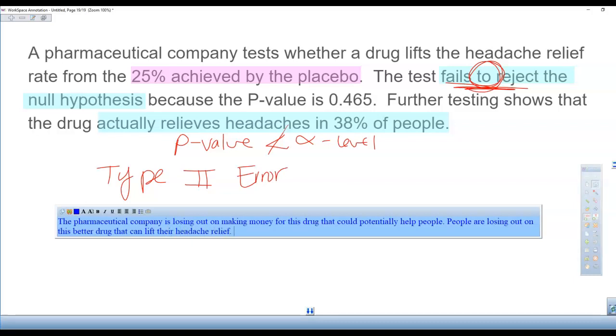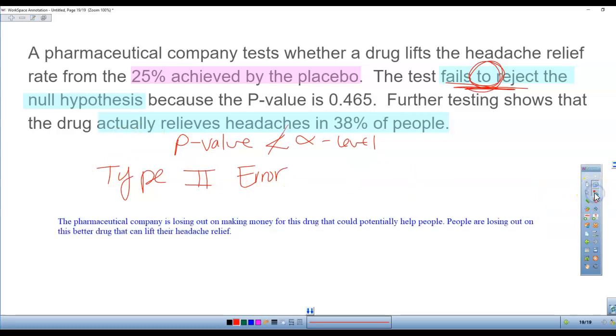So the pharmaceutical company is losing out on making money, but people are also losing out on this pill that could help them with their headache relief. So for the consequences in real life, you have to think about it money-wise versus the benefits that people could be losing out on.